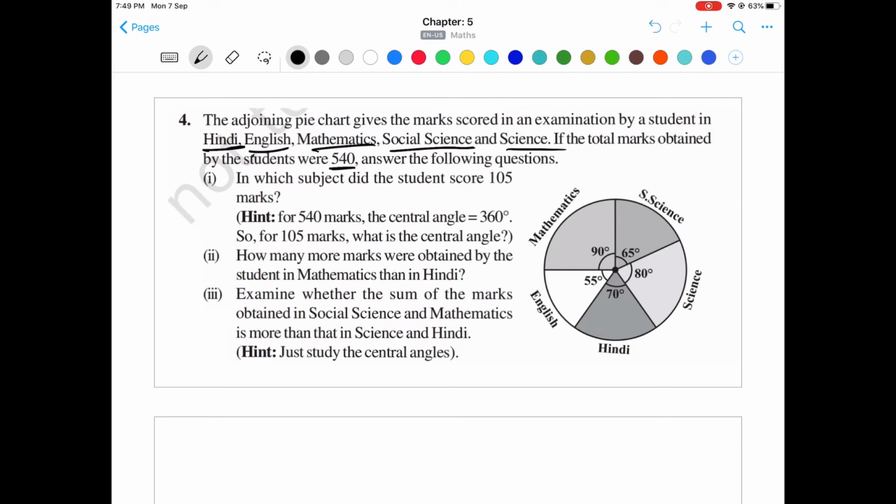First one is, in which subject did the student score 105 marks? So you have to find in which subject that student has scored 105 marks. So what we're gonna do is, we will find the central angle for 105, and that central angle will give the name of that subject.